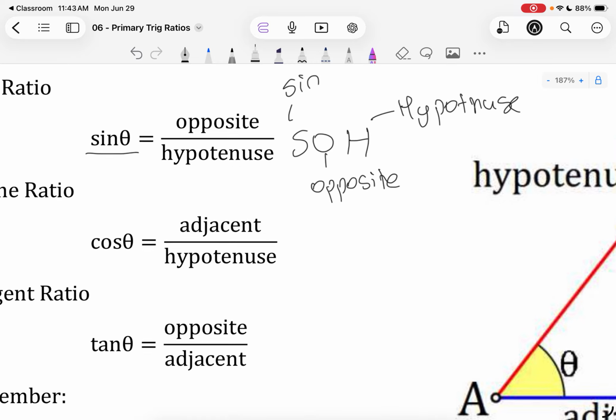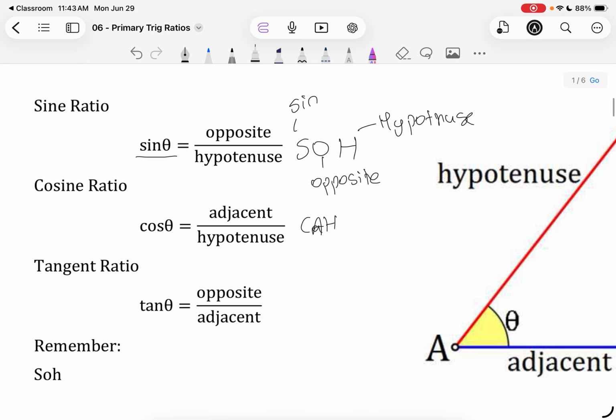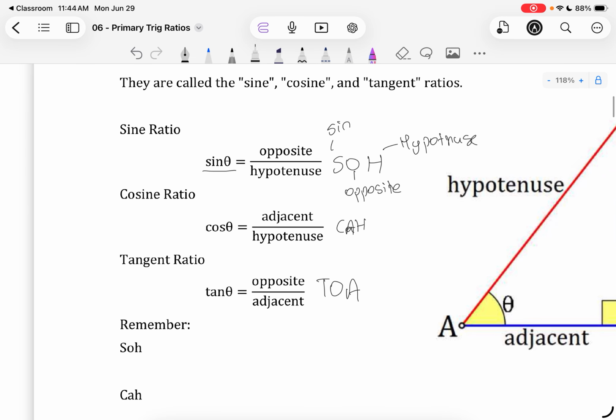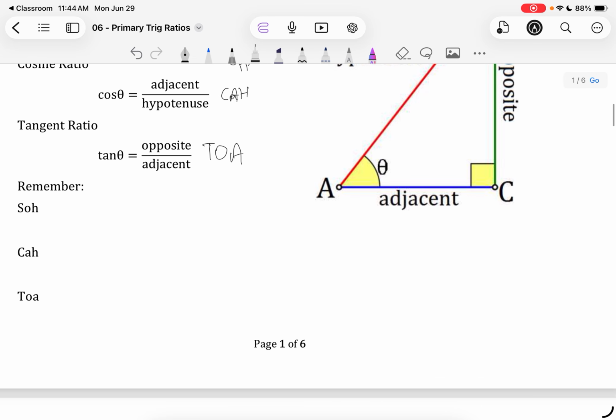Moving on to cos, which is CAH, since cos equals adjacent over hypotenuse, and tan, TOA, is the opposite over the adjacent. So remember SOH CAH TOA.